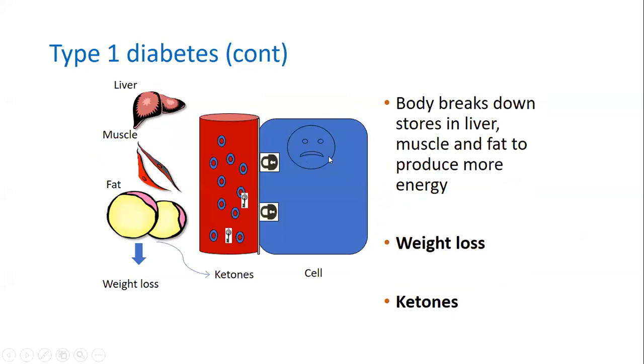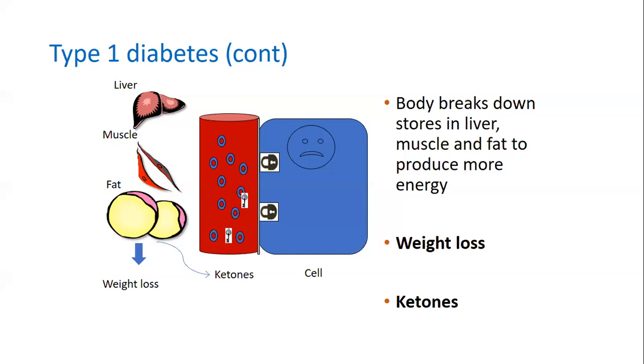So it is very sad. And the body tries to look for other sources of energy for the cell. So there's breakdown of stores in the liver, muscle, and fat to produce more energy. And because of this catabolic state, these patients will have massive weight loss.